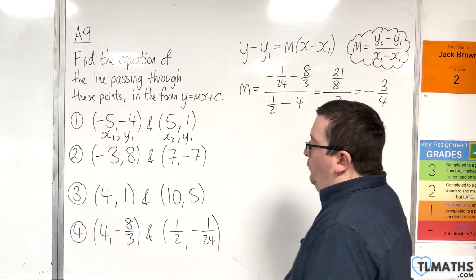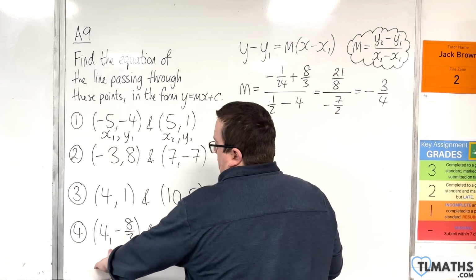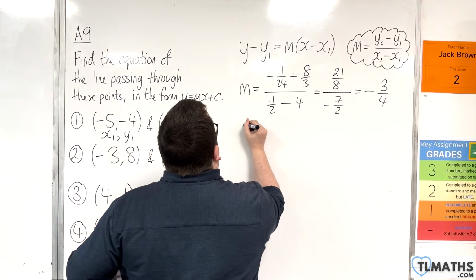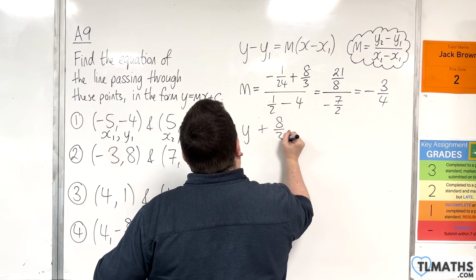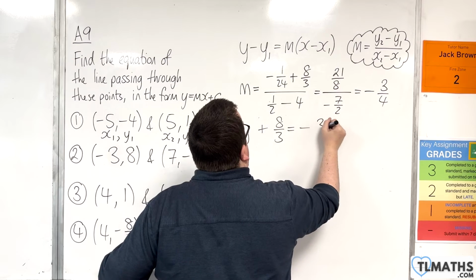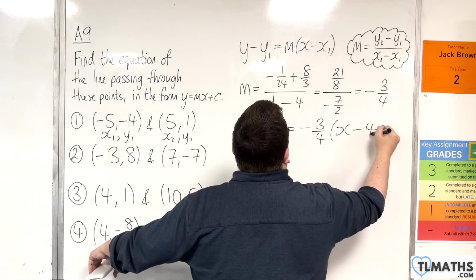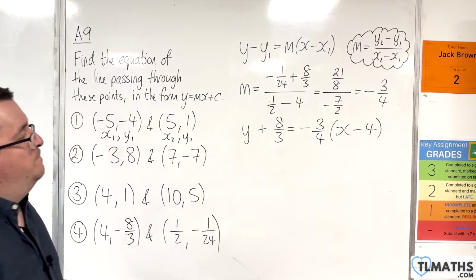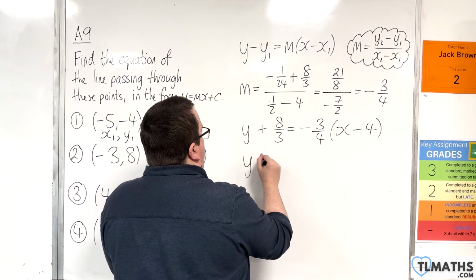So now choose a pair of coordinates to substitute in. I think I'm going to go with this one. So y take away y1 is y plus 8/3, is equal to m, the minus 3/4, times x take away x1, so take away the 4. Multiply out the right-hand side.